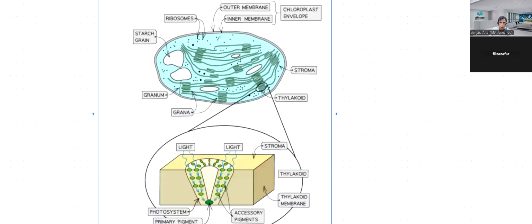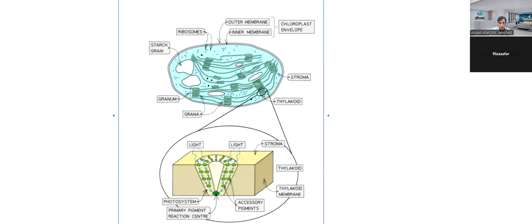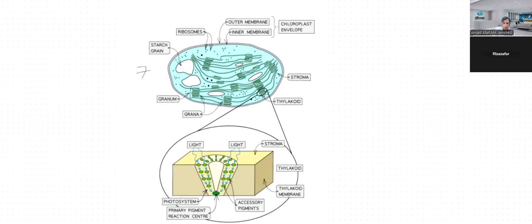Yeah, it's a chloroplast. Here is a structure called chloroplast, and you can see different structures here. Just look at this one first, because this is a small section taken here to elaborate this for you. At this point you can see starch grain, granum, grana, thylakoid, stroma, ribosomes, outer membrane, inner membrane.